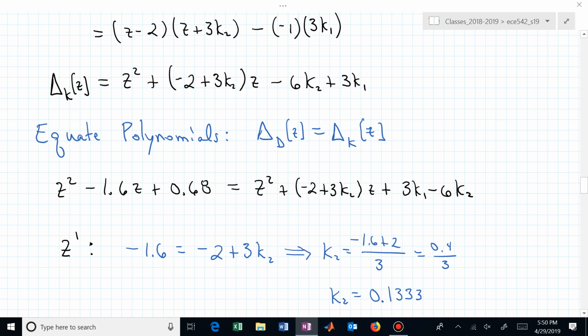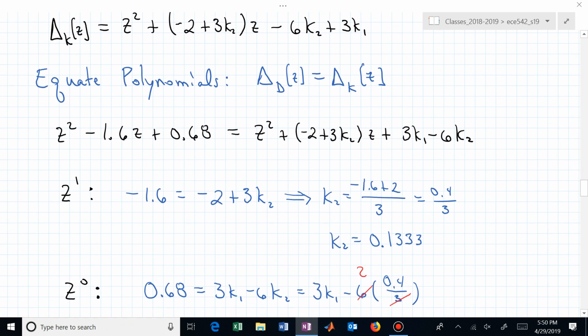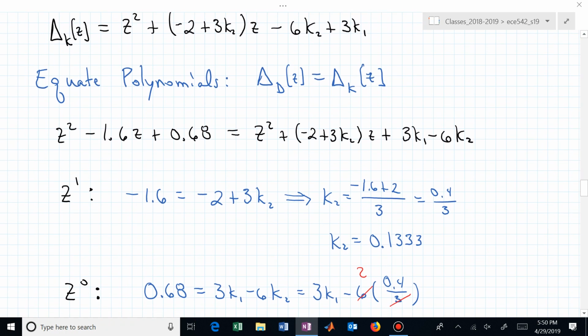The constant coefficient, or the coefficient that scales z to the 0th power, is now 0.68, and that needs to equal 3k sub 1 minus 6k sub 2 by the choice of k sub 1 and k sub 2.